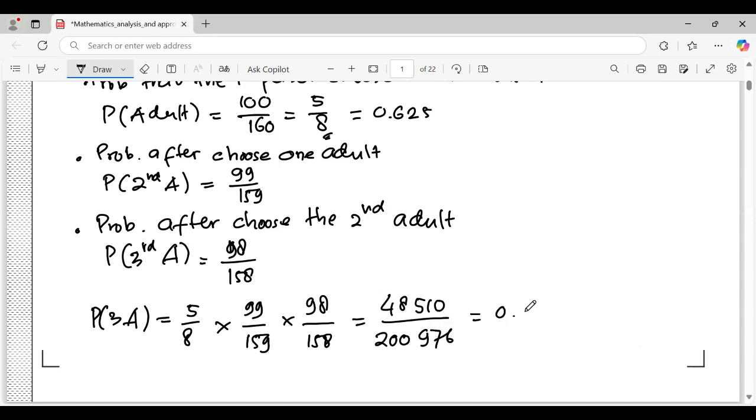This is 0.241371, and rounded off, 0.241. So, next question.